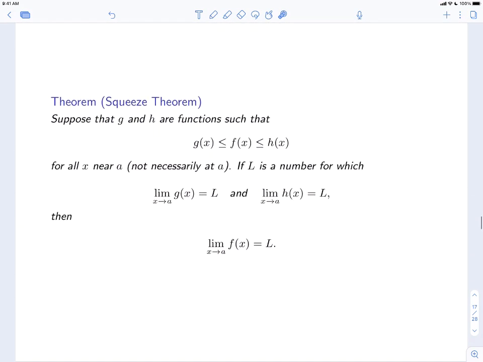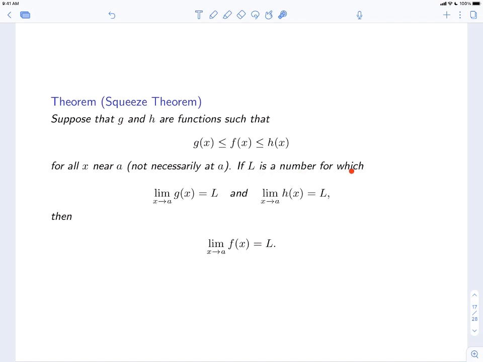We're using here something called the squeeze theorem, or the squeeze rule. Suppose that g and h are functions, and we know that g at x is less than or equal to f at x is less than or equal to h at x, at least for all x near to a. Now, it doesn't necessarily have to be true at a. In our example, our function in the middle wasn't even defined at x equals a, but the functions on either side were.